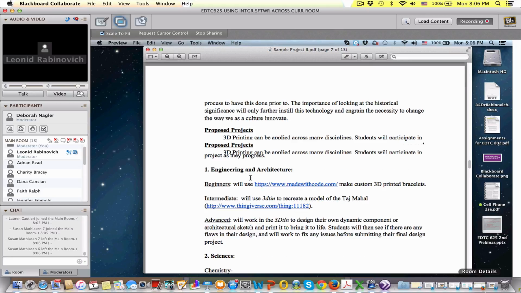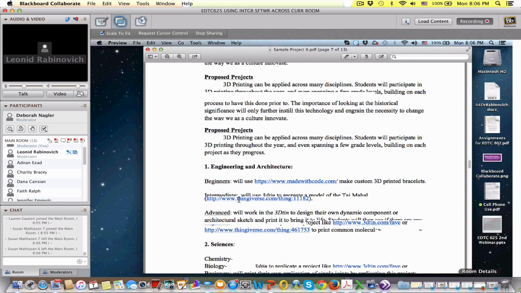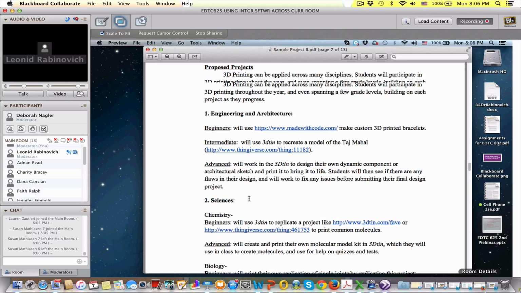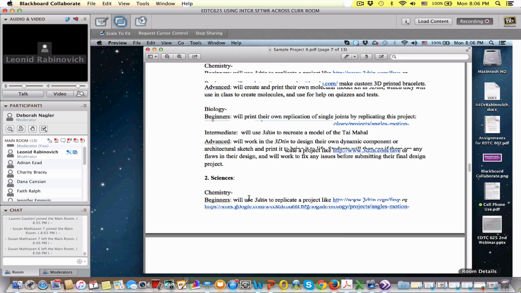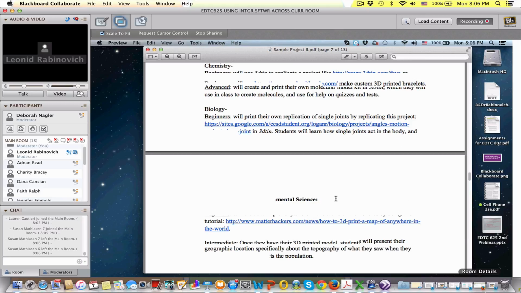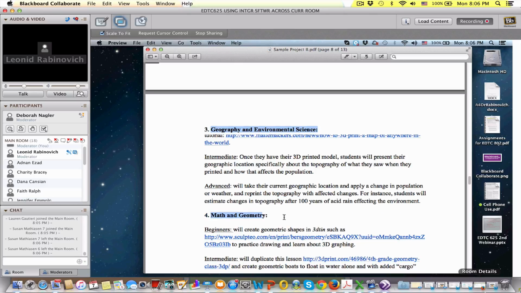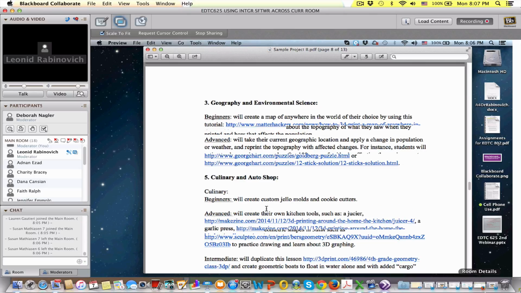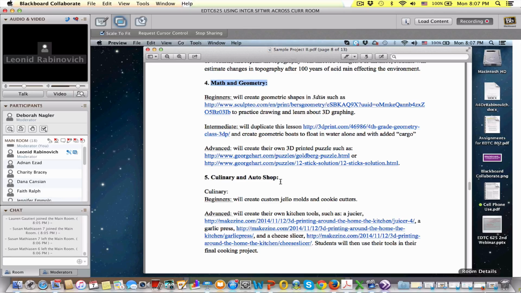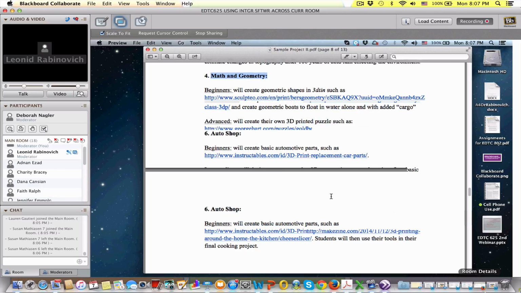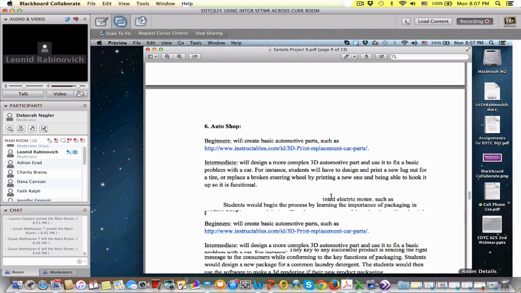So, you know, there is your science example, geography and environmental science, math and geometry, even culinary and shop examples.